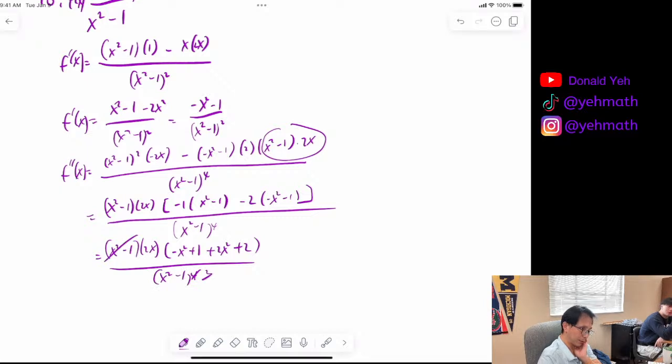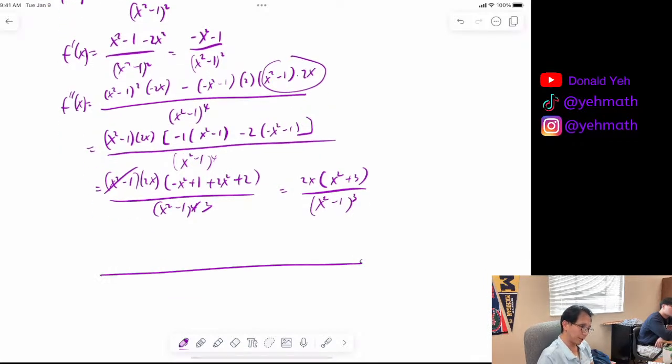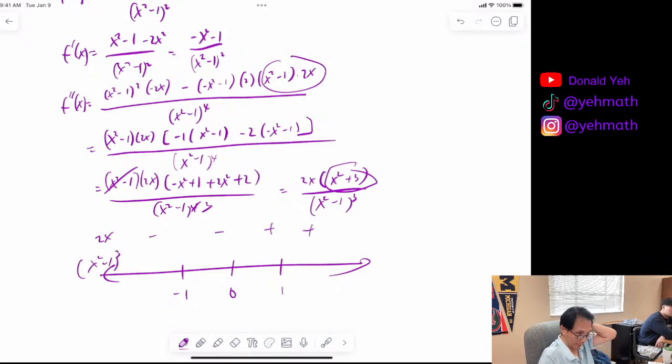So it'd be 2x times x squared plus 3, I believe. And obviously there are negative 1, 1, and 0. I don't need to test x squared plus 3, so I need to test 2x and x squared minus 1 to the third. So it'd be negative, negative, positive, positive.